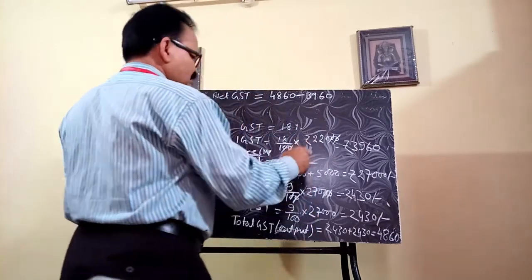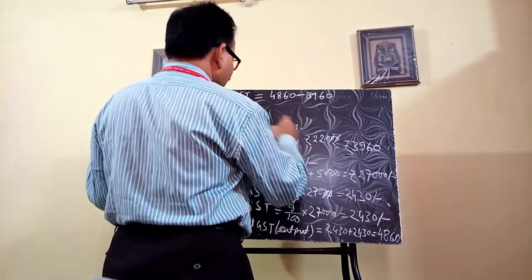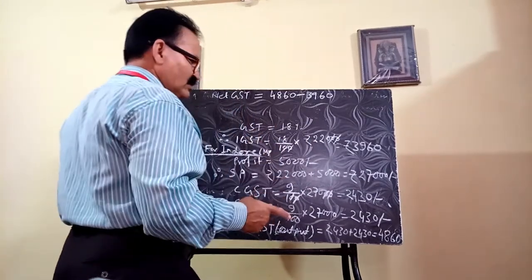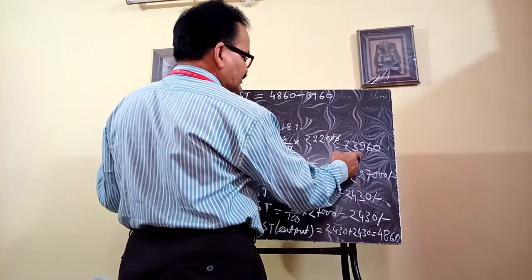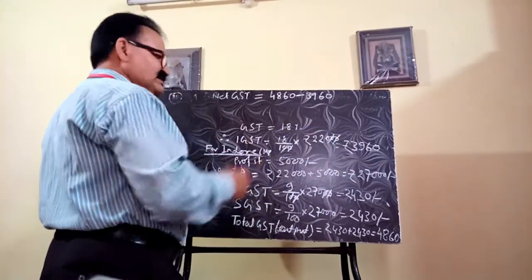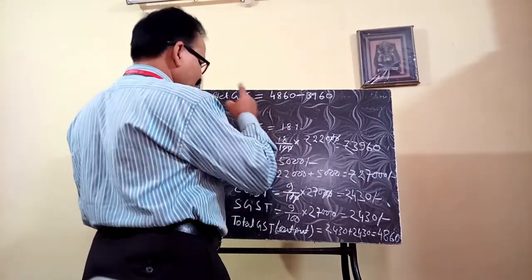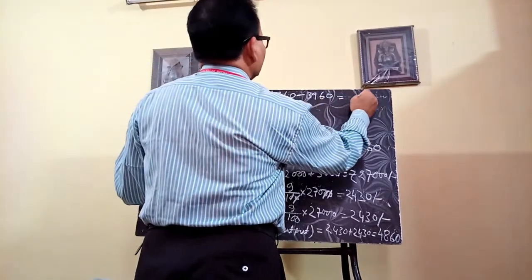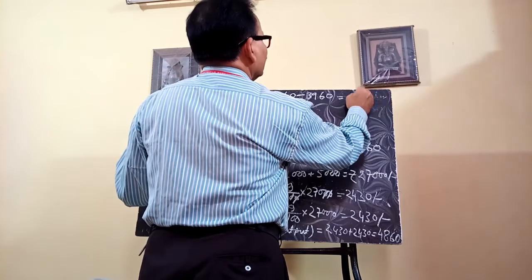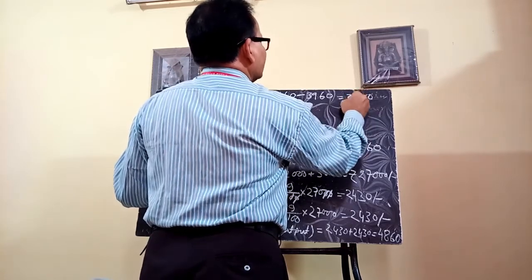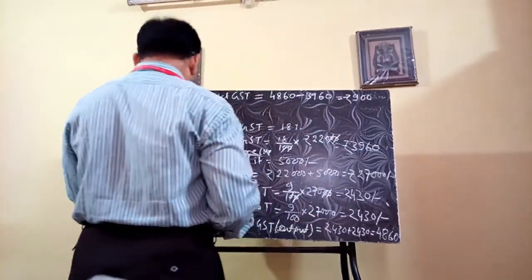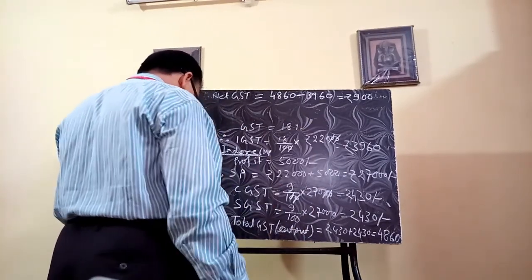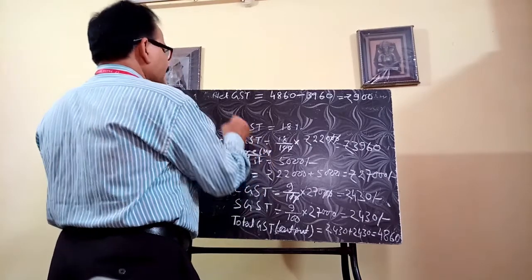Because of this 22,000, the dealer of Indore has paid 3960 while purchasing the goods from the Maharashtra dealer. So the difference will be rupees 900. So this much will be the net GST.